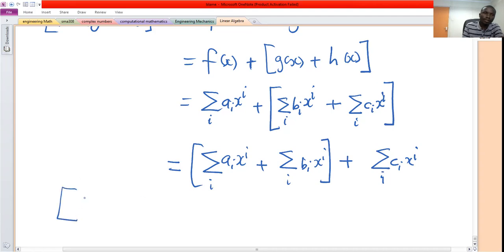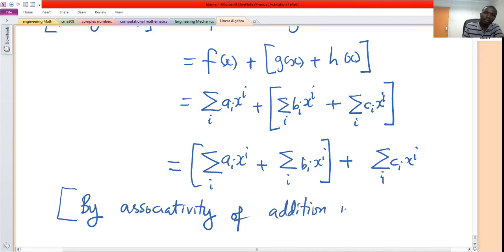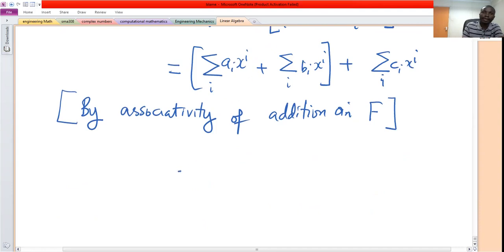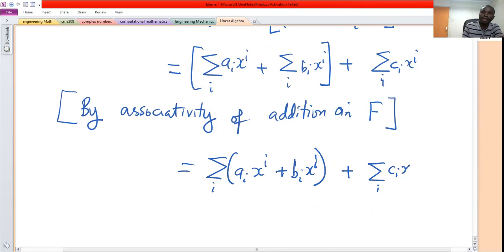This is by associativity of addition on F. The next thing, this is the same as writing summation of ai xi plus bi xi, and then plus summation ci xi.